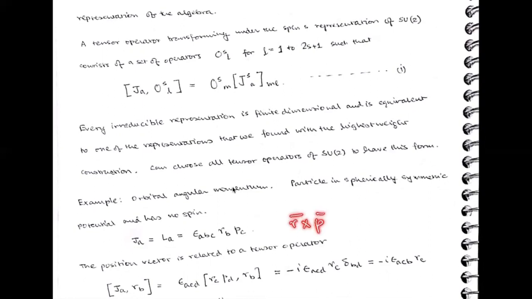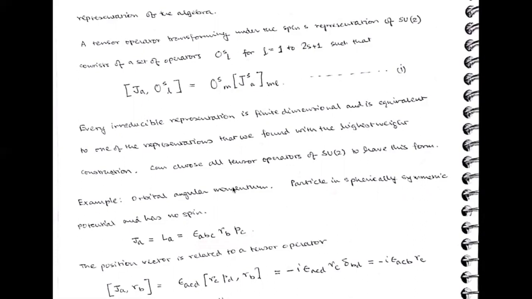So you can always write A cross B, the ith component, as epsilon_ijk a_j b_k. If you do not know this, I suggest you try and figure it out. So this can be written as epsilon_abc r_b p_c.